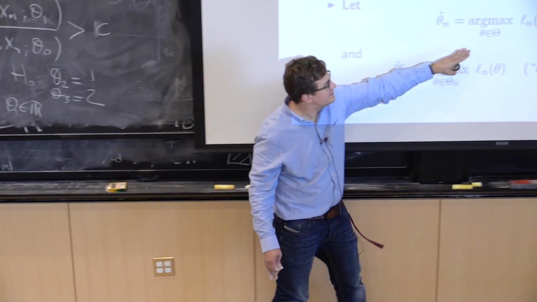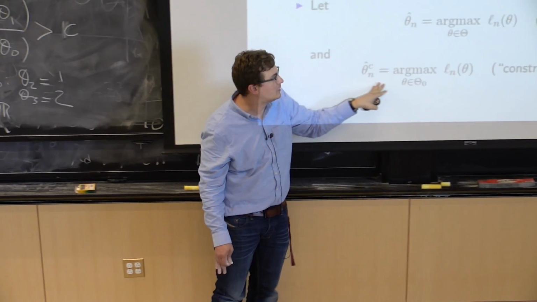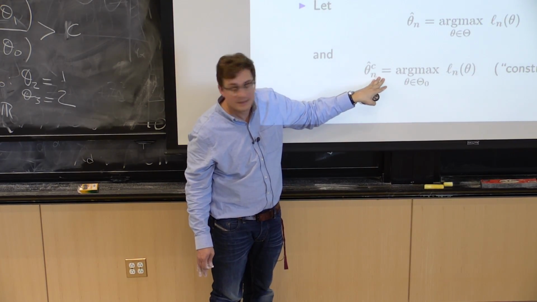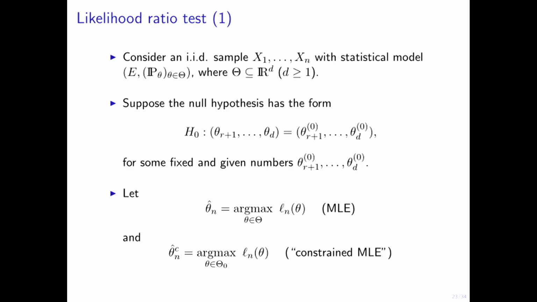So this is the maximum likelihood estimator, the one maximizing the log likelihood over the entire space of candidate parameters. But this other one is the constrained MLE, which does not maximize over all thetas, but only over the thetas that are plausible under the null hypothesis.